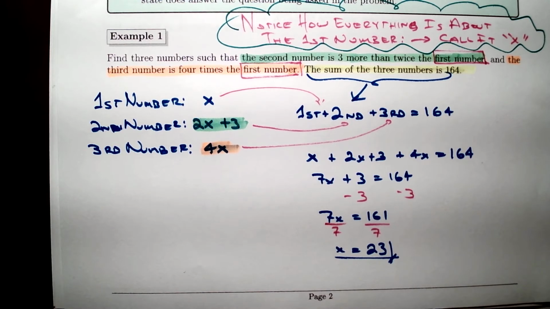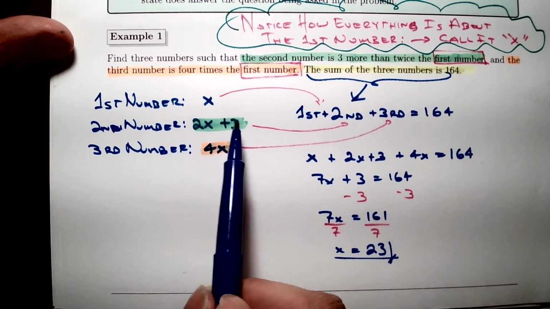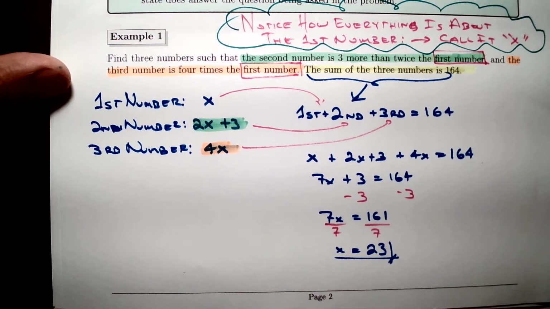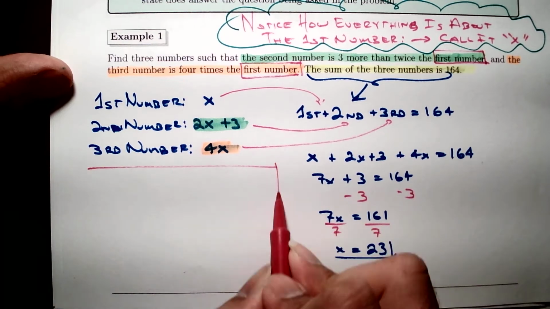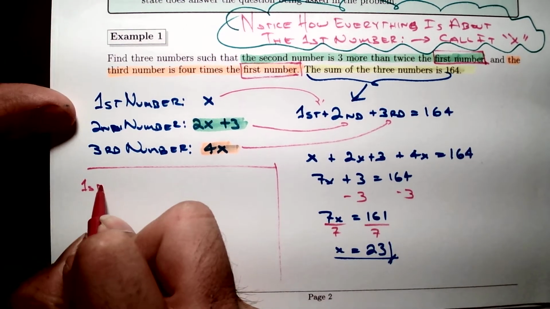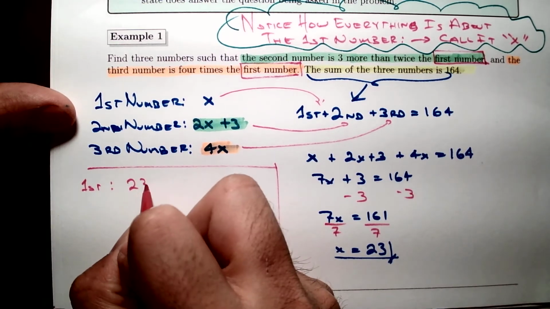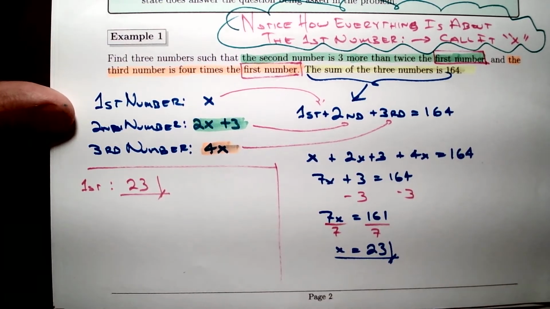We need to go back and answer the question. What are the 3 numbers? Find 3 numbers. The first number is simply x, in this case 23. That's done.